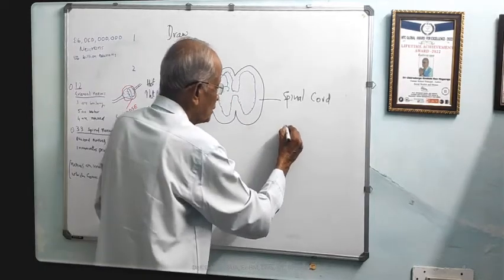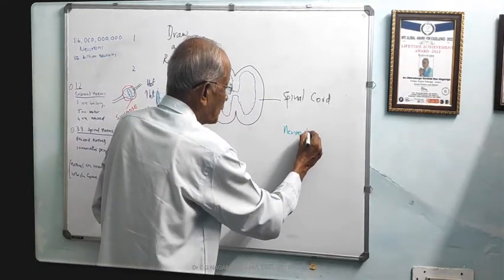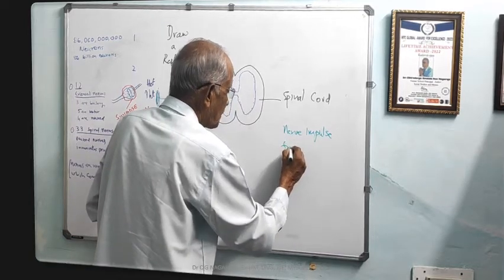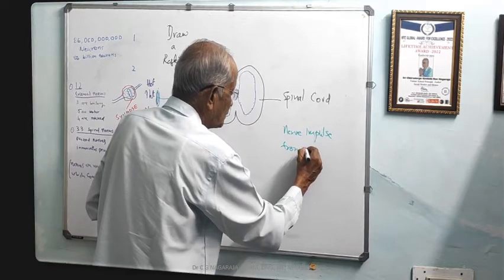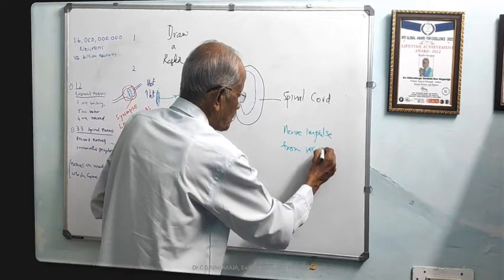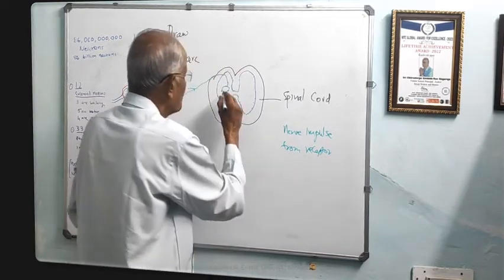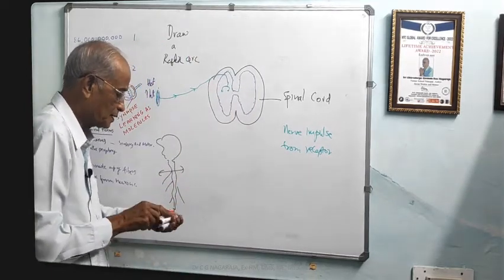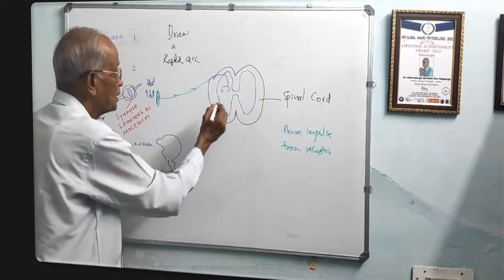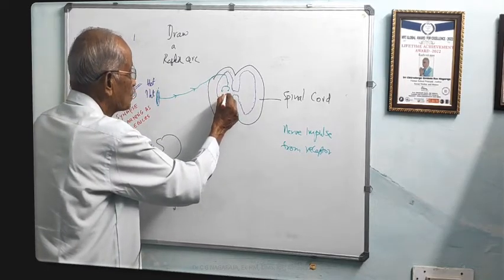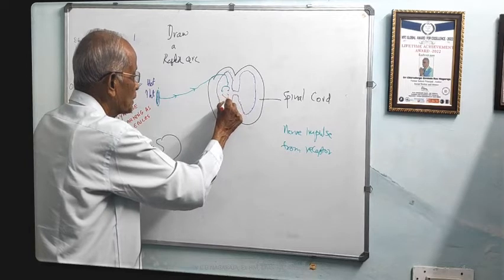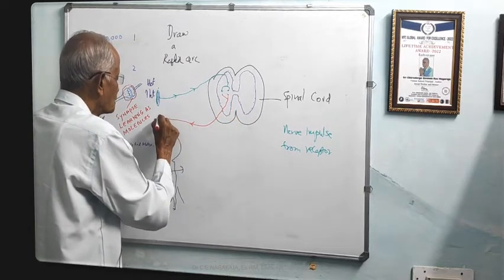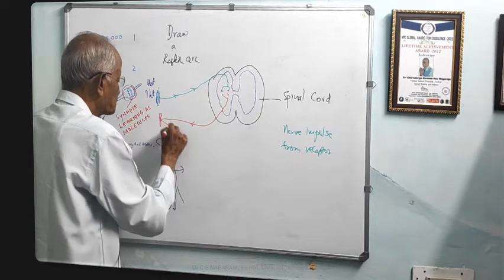So nerve impulse from the receptor will go to the part called the spinal cord, and the spinal cord immediately sends another message from the same place, and that will come to, for example in this case, muscles.